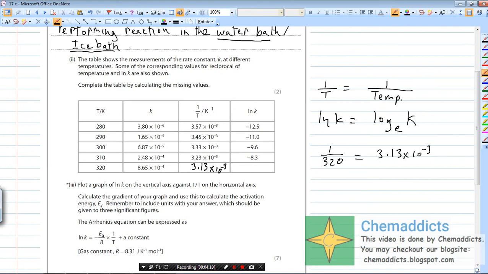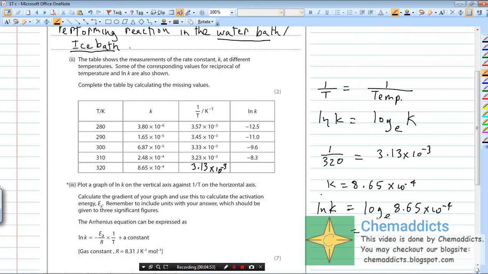Okay. So let us now calculate the corresponding value for ln K. Here the value for K is 8.65 into 10 to the power minus 4. So let us calculate the value for ln K. Here K is equal to 8.65 into 10 to the power minus 4.